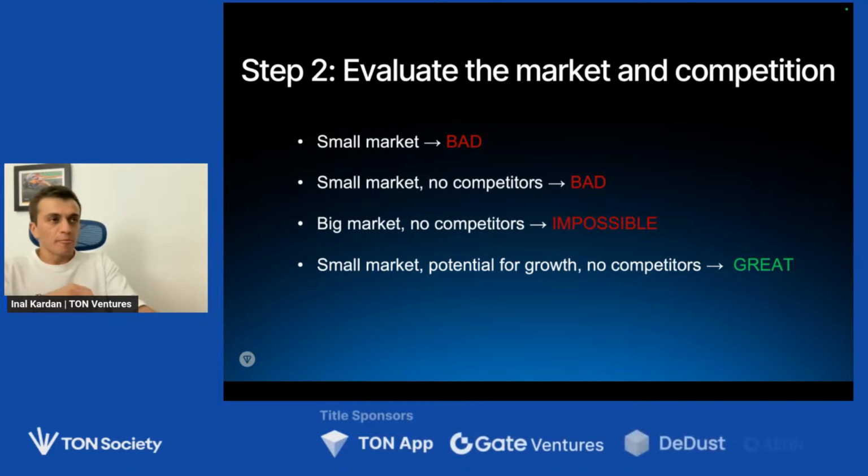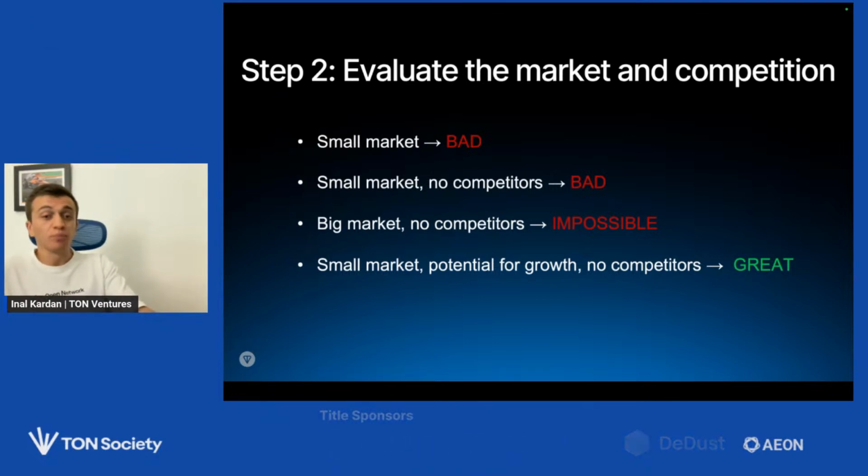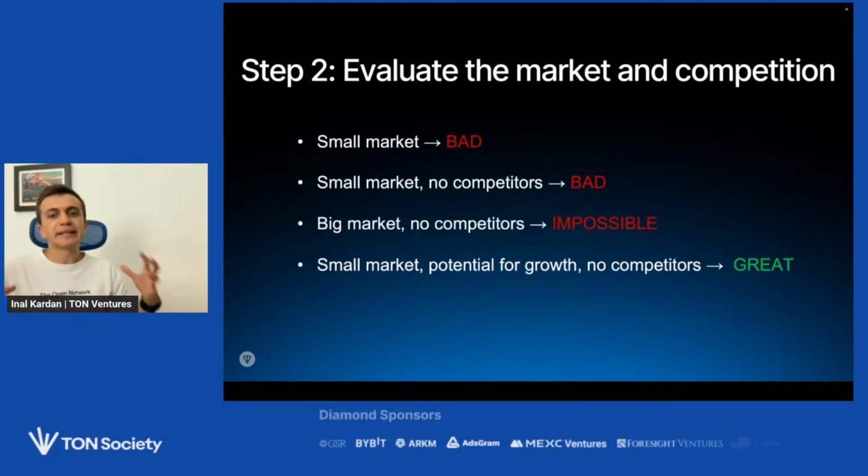For example, 5 years ago, doing something AI-related would be great because there was potential for growth. Or a year ago, building infrastructure or anything related to mini apps on Telegram, because potential for growth was huge, the market was relatively small, and there were almost no competitors. This is a really great combination of situations in the market.